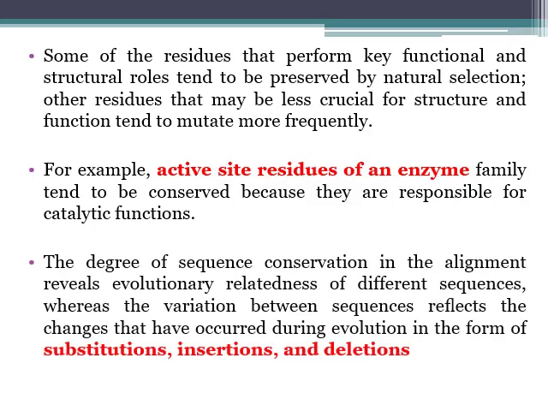Now, the degree of sequence conservation in the alignment reveals evolutionary relatedness of different sequences, whereas the variation between the sequences reflects the changes that have occurred during evolution in the form of substitutions, insertions, and deletions. So suppose two molecules are evolutionarily closely related, meaning those two molecules diverged recently and share an immediate common ancestor.